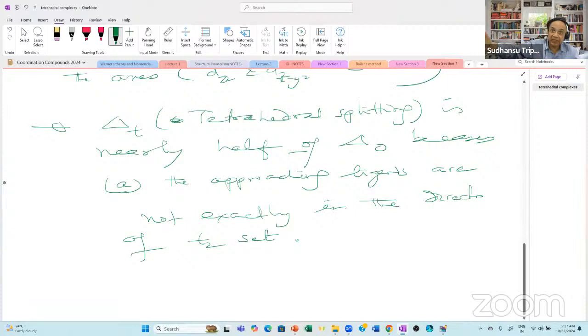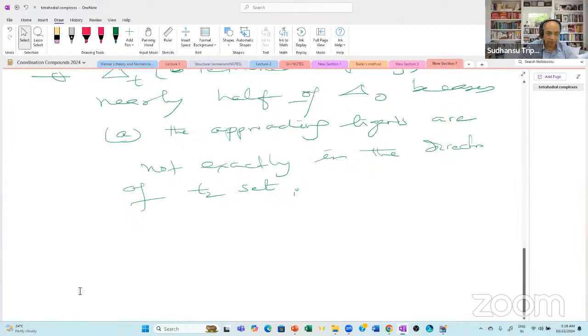What to speak of E set? T2 set, which is relatively repelled more, they are also not in the exact direction of approaching ligands. But the orbital lobes are lying at the middle in the axial planes in between the axes.